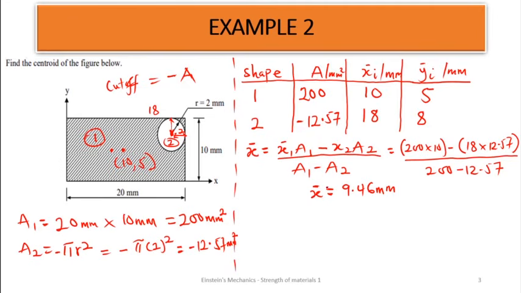You see that the x, originally, if there is no cut, it should be 10, but once you've cut it, the weight should shift, so it is less than this normal 10, which is 9.46.